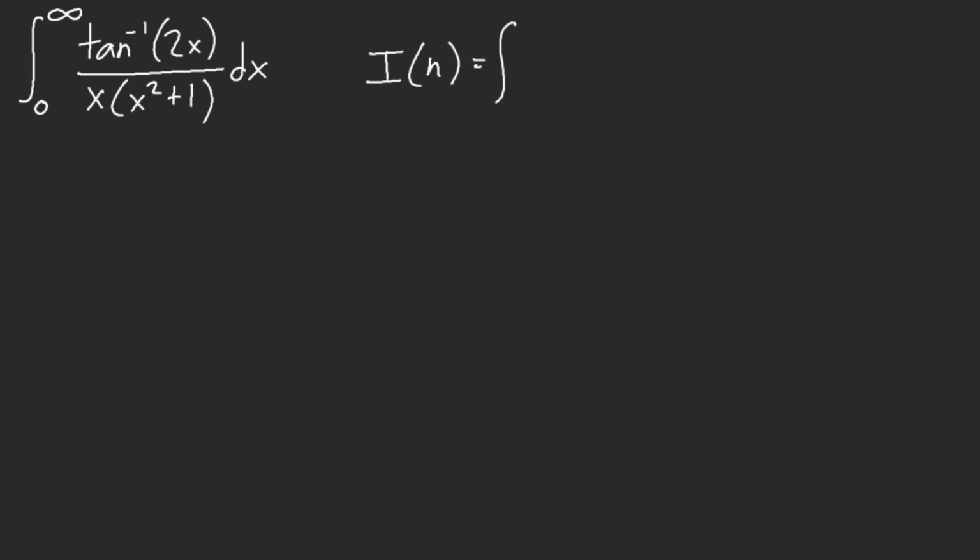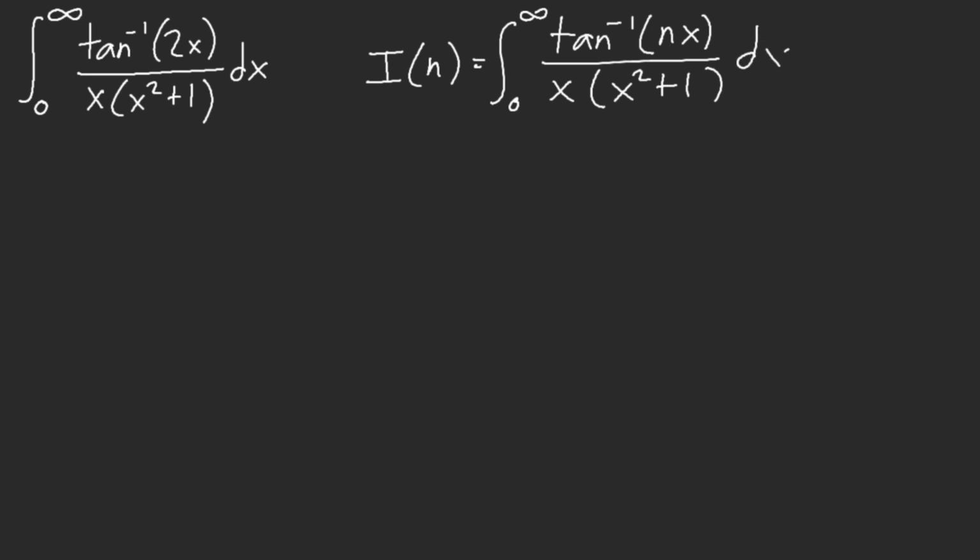I'm going to let this equal the integral from 0 to infinity of inverse tangent of nx over x squared plus 1. I like this because I'm thinking maybe that x is going to cancel out, and then the inverse tangent of nx is going to become something like n squared x squared plus 1, and we can do some partial fractions.